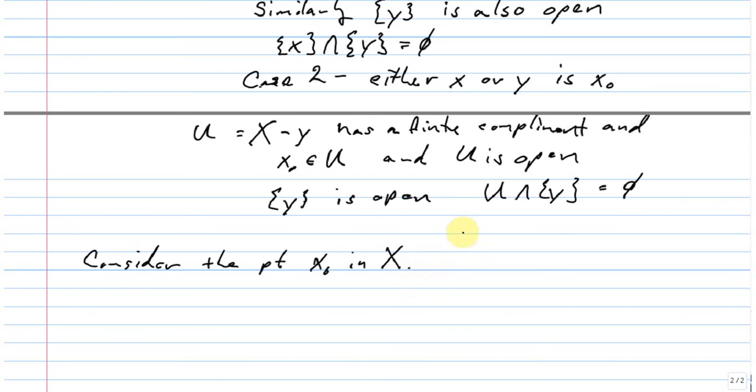And then I'm going to do this by contradiction. So suppose x with the Fort topology is first countable.